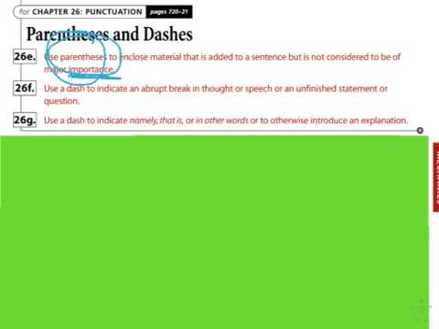For a dash, a dash is different than a hyphen because a dash is longer. So if I were using a hyphen, I might say, I am self-aware. I know that's kind of hard to read. So in that case, we're using a dash. Now, if I wanted to use a hyphen, I might say that we used a hyphen here.